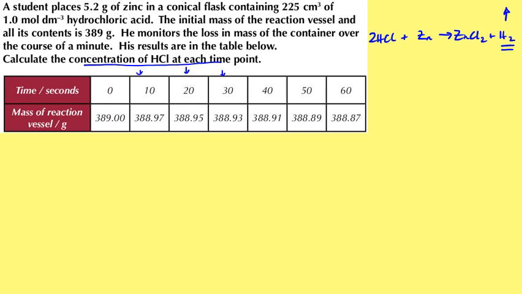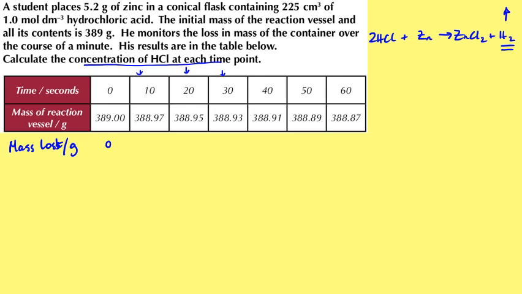But we don't have mass loss in our table yet. We have the mass of the reaction vessel. So let's add another row, calling it mass lost in grams, and the mass loss is just going to be the 389 grams that you started with minus what you have after a particular amount of time.